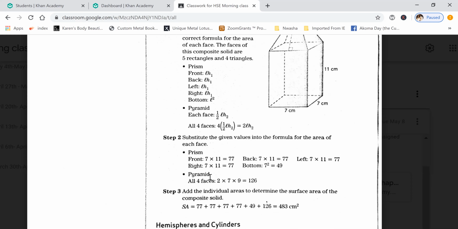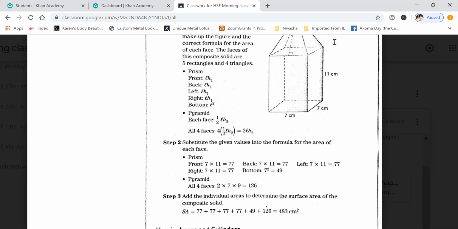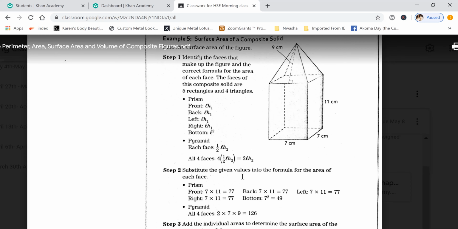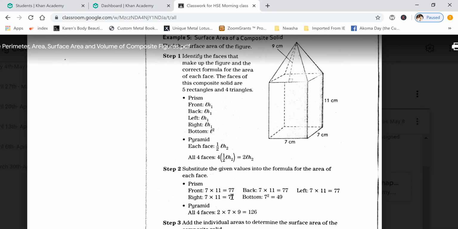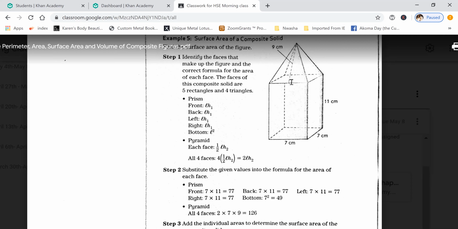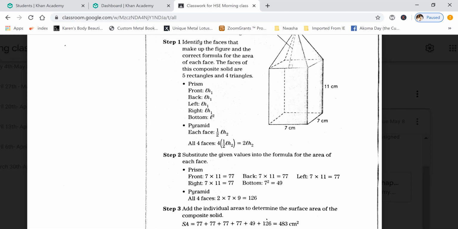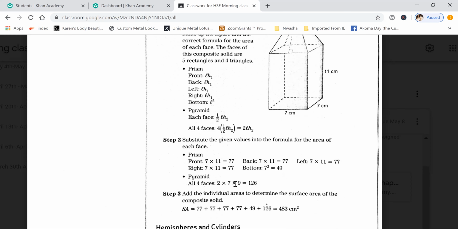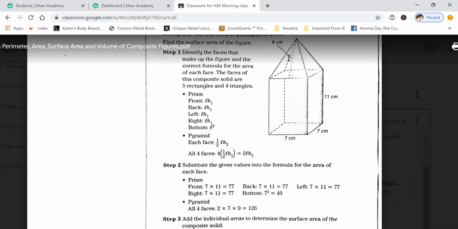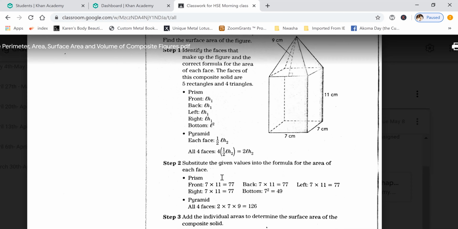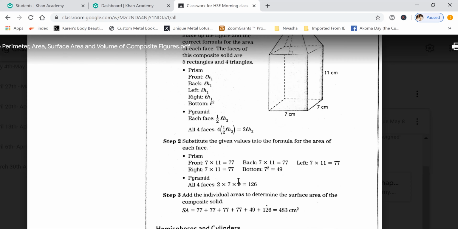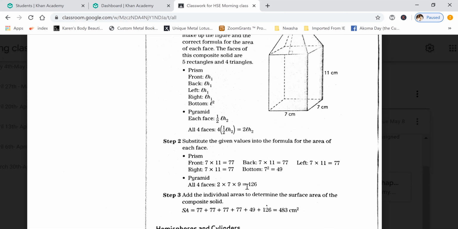Then you have the pyramid. You're doing the 4 faces. So you have 7 going across times 9, which is the lateral surface area. So 7 times 9, 7 times 9, 7 times 9, and they're saying 2 times the 7 times 9 to be the 4 triangular faces.